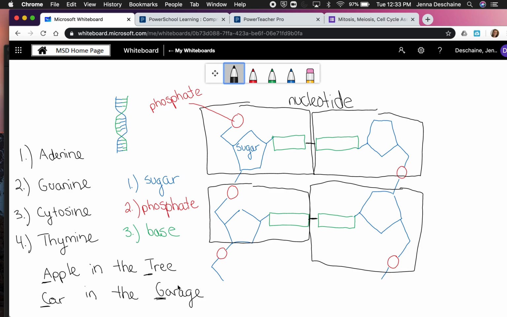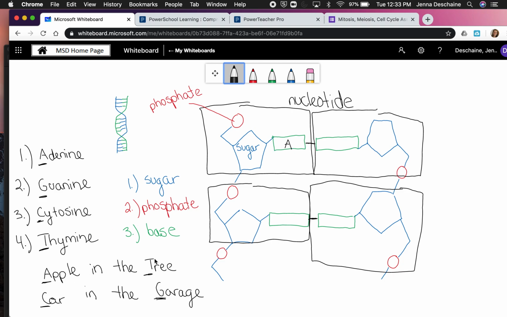So another way to remember these bases, you don't have to say them all in their full names. A lot of the times you can just abbreviate them with the first letter, okay? So A, C, T, and G, okay? So if I say A, I mean adenine. If I say G, I mean guanine. C, cytosine, and T, thymine, okay? So if I were to have a base right here, let's say it's adenine, okay?